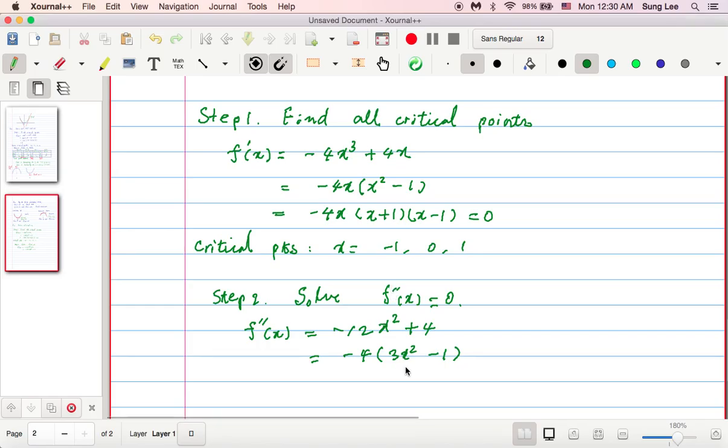Or actually, you know what? Let's factor out negative 12 instead. I mean, actually, this is okay too. It doesn't matter. But I'm going to factor out negative 12 instead. So negative 12, that leaves x squared minus 1/3.